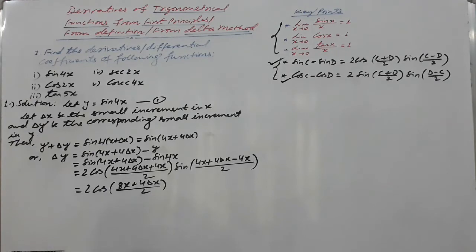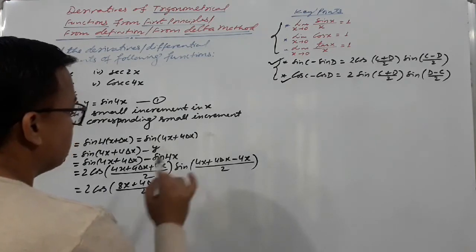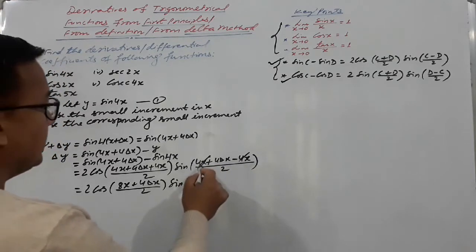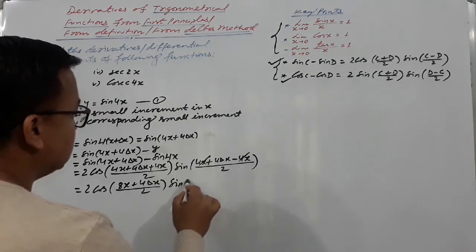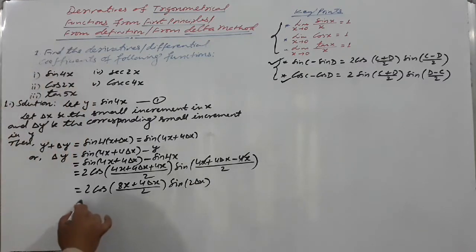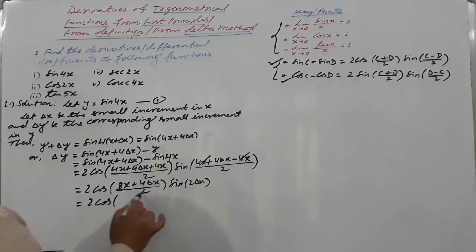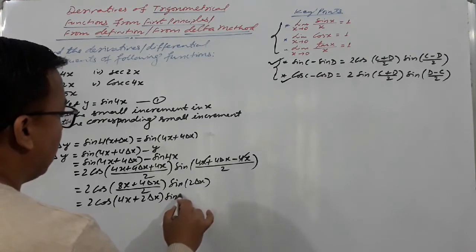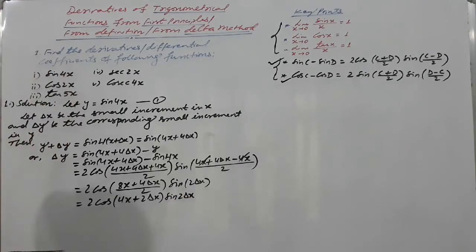I'm going to tell you in detail: 2 cos of (8x plus 4 delta x) upon 2, times sine of, here the 4x will cancel out, and 4 delta x by 2 you will simply get 2 delta x. Or 2 cos, here you may write 8x by 2 as 4x, and 4 by 2 as 2 delta x, times sine of 2 delta x. Either you may write the bracket or without the bracket also. This is the value of delta y.